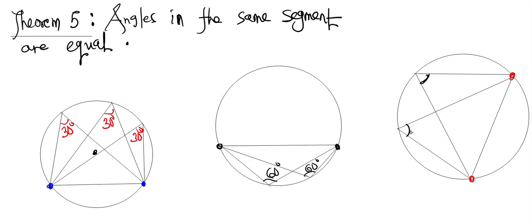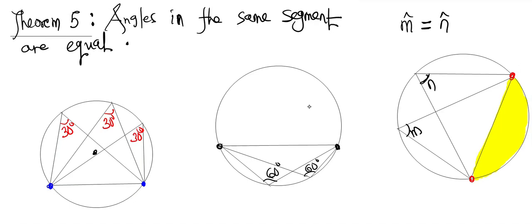We call them angles in the same segment. So if this is M and this is N, we say angle M equals angle N, angles in the same segment. They are all going towards the major segment. And that's the idea of angles in the same segment are equal. And that's theorem 5.